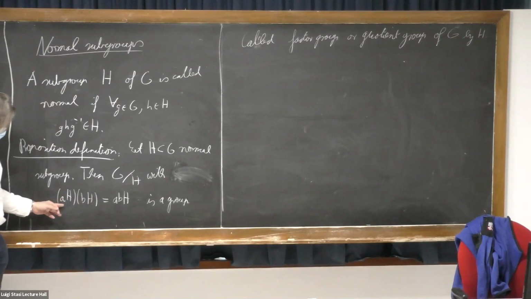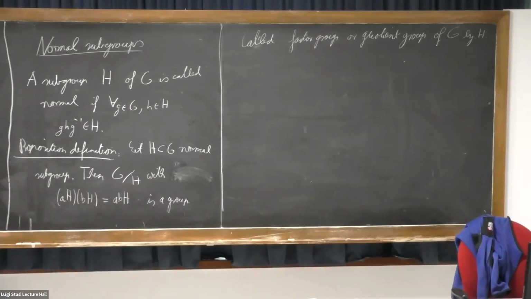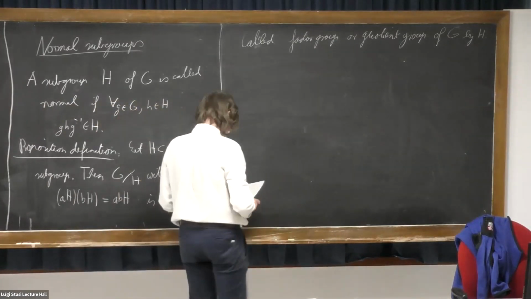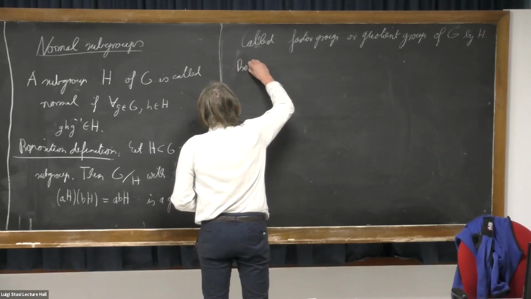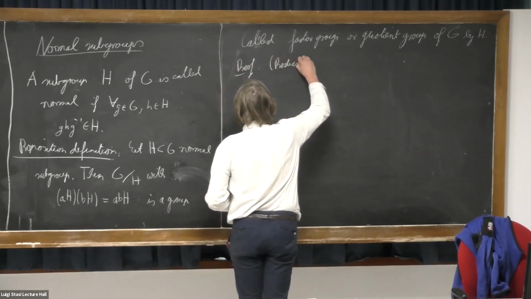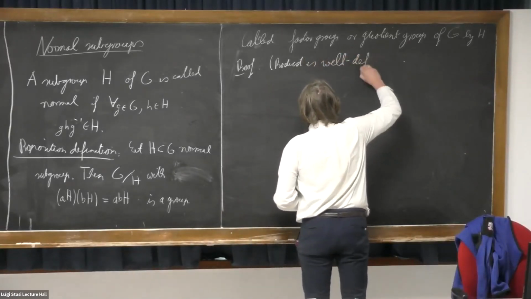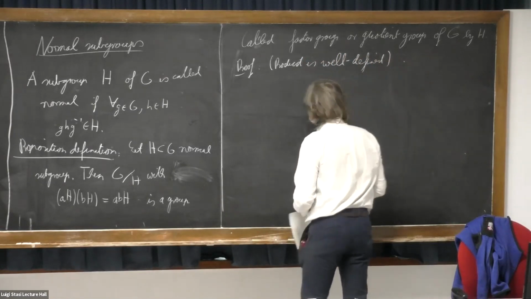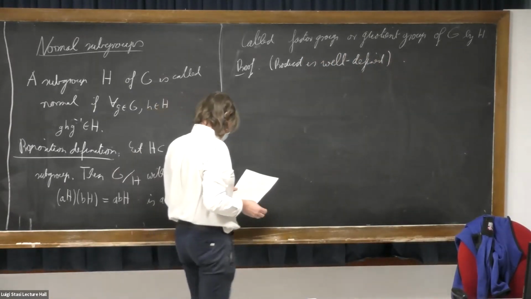We have defined the multiplication of the cosets in terms of the representatives, so we need to show it is well defined, independent of the representative. It's actually also elementary.